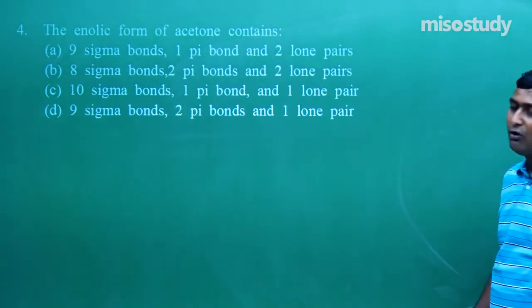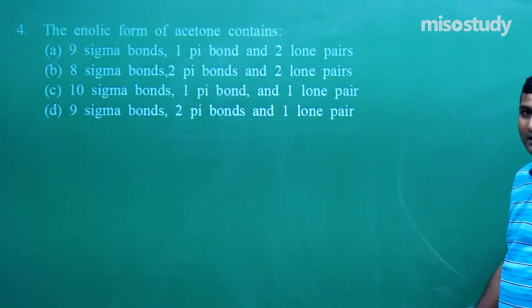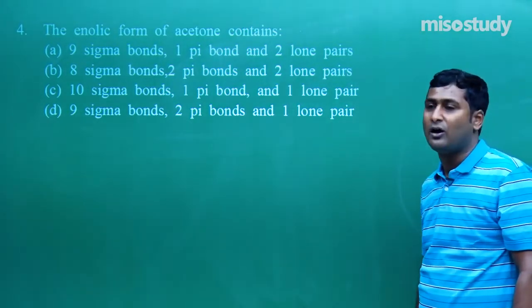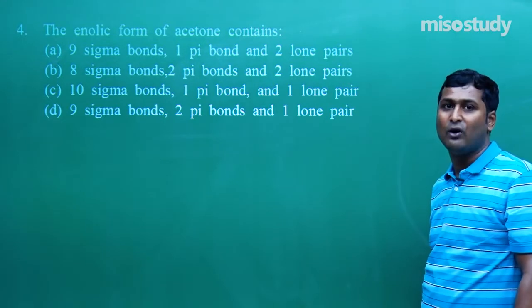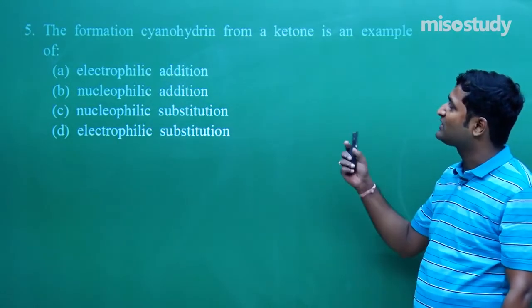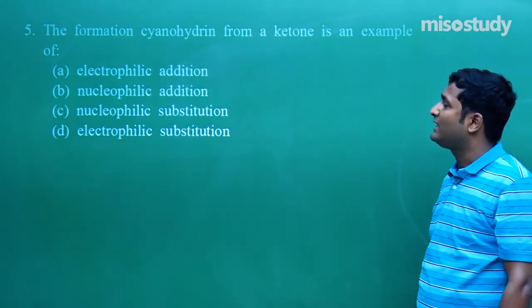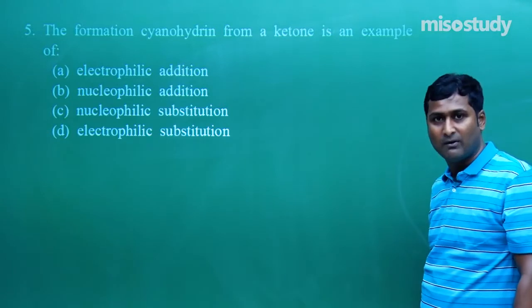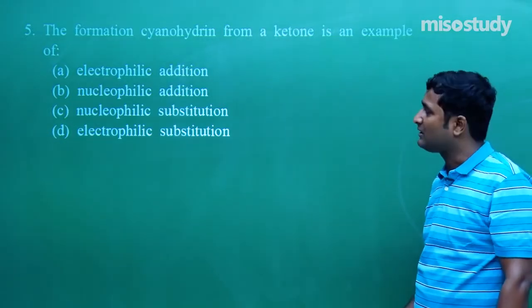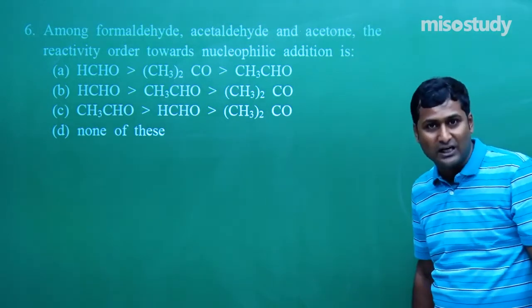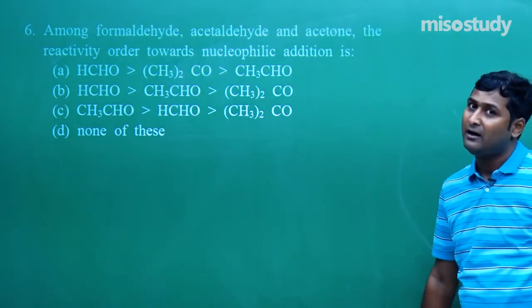For question number 4, the enolic form has 9 sigma, 1 pi and 2 lone pairs of electrons. Therefore, for question number 4, A is the correct option. For question number 5, the formation of cyanohydrin from a ketone is an example of nucleophilic addition. So B is the correct option. For question number 6, as I told you, there are two factors, steric effect and plus I effect.